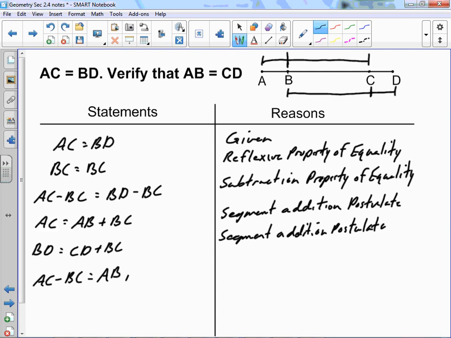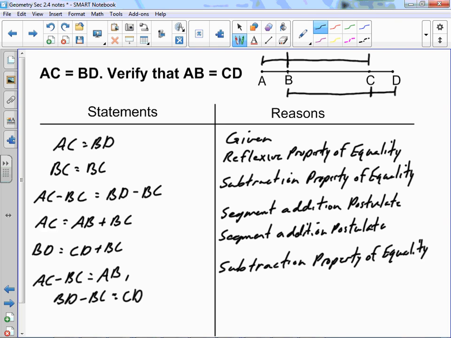And also if I do the same thing with the BD equals CD plus BC, I get BD minus BC is equal to CD. And all I did was subtract on both sides, so that's a subtraction property of equality.